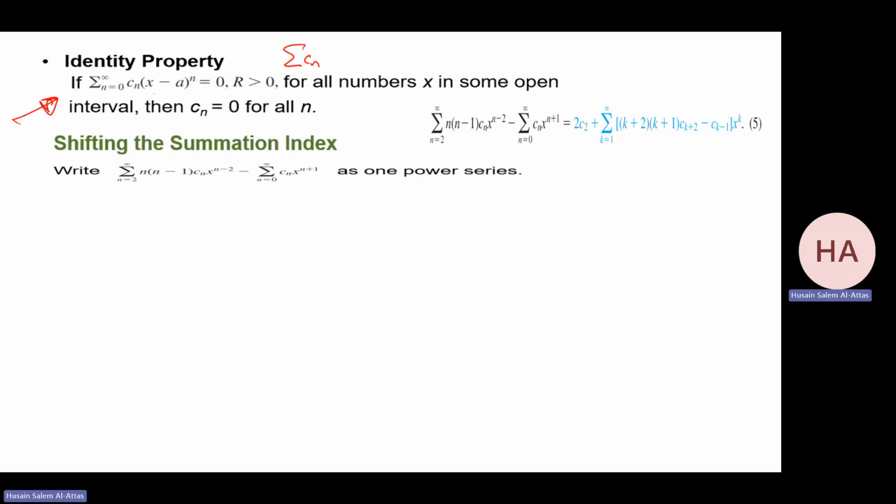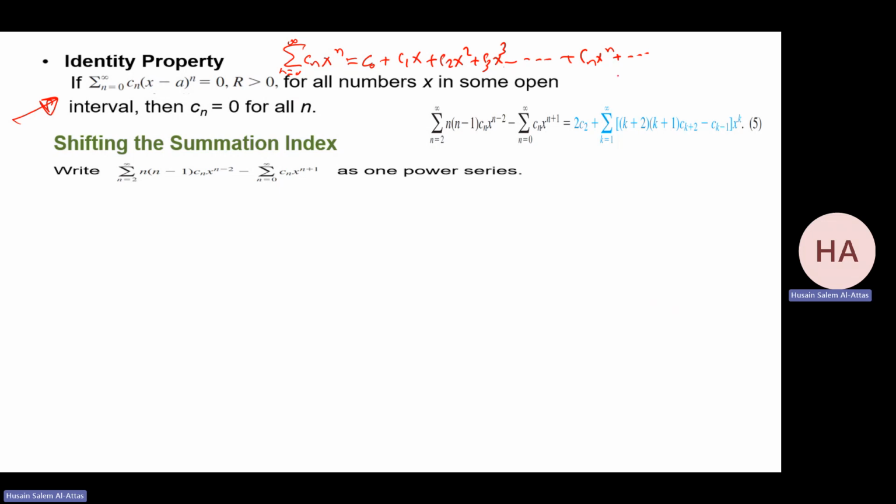Summation of Cn x to the power n, where n runs from 0 to infinity. That is C0 plus C1x plus C2x squared plus C3x cubed plus Cn x to the power n plus and so on.